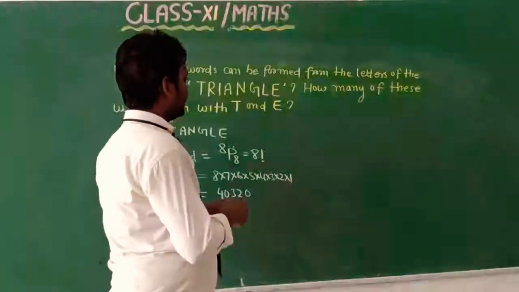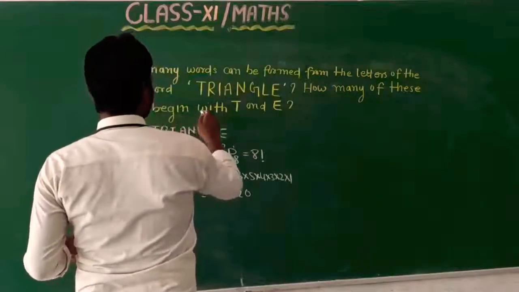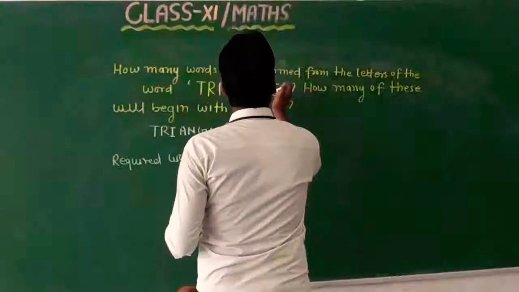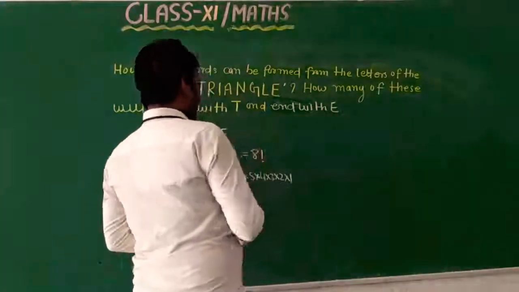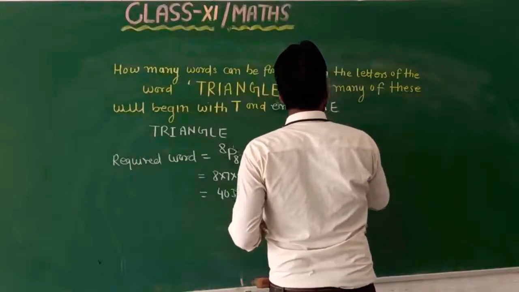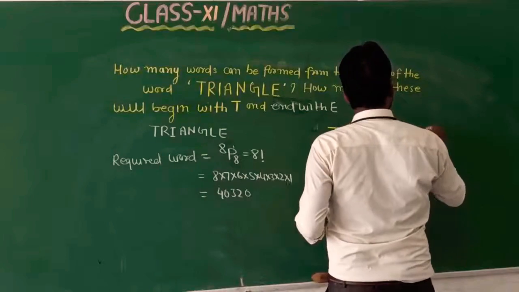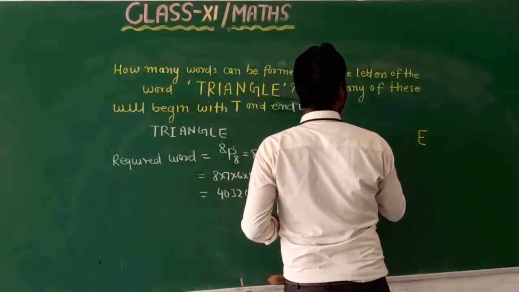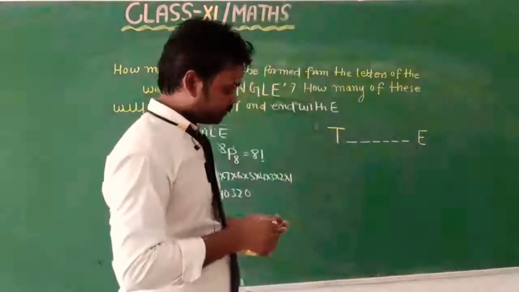Second, we have to find how many of these will begin with T and end with E. There are a total of 8 letters, and the word begins with T and ends with E. So between T and E, 6 letters are left.